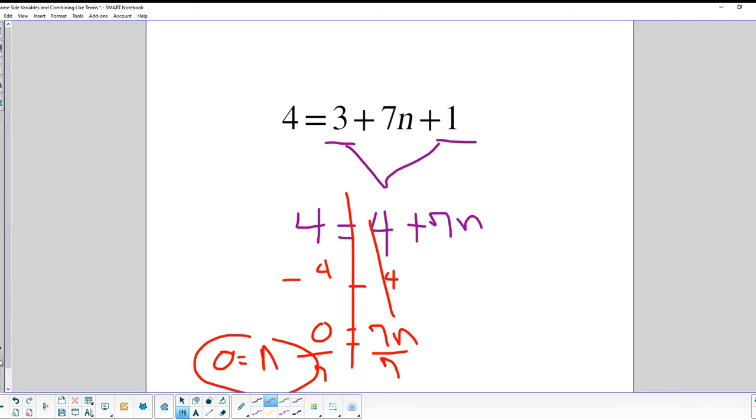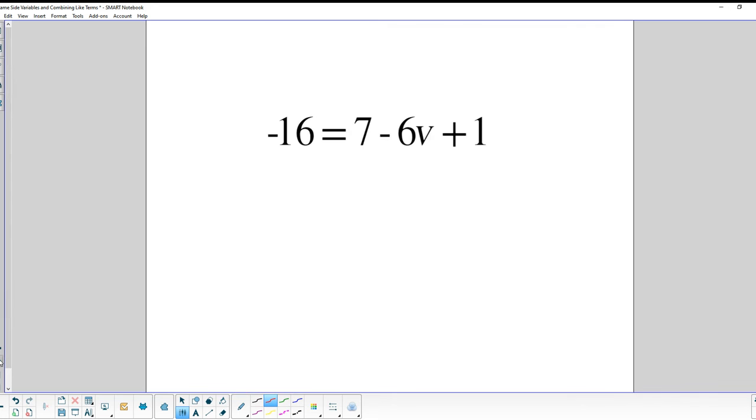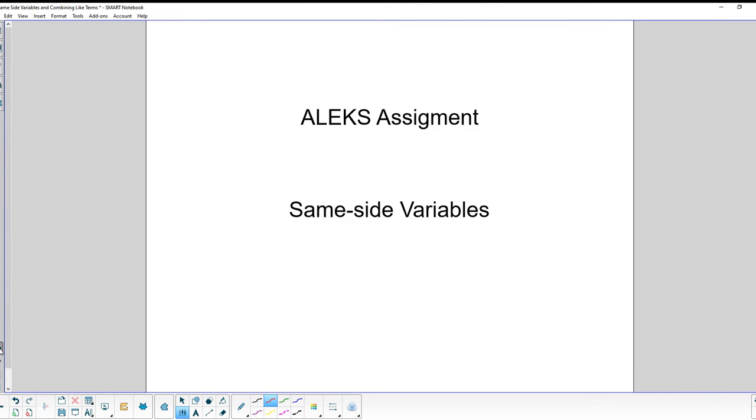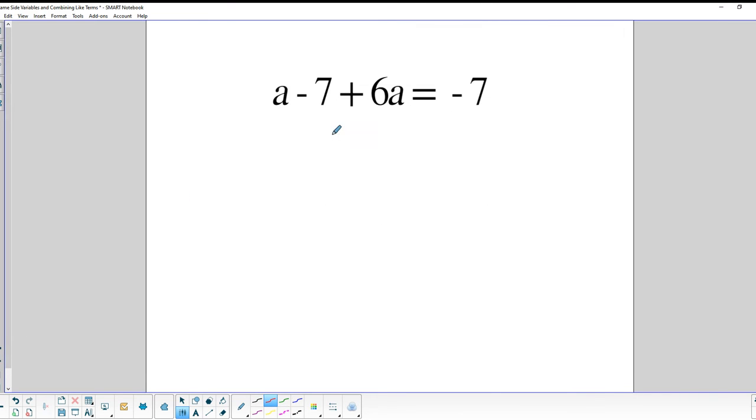Okay, let's keep chugging along here. Let's see how many more we got. We got 2 more examples. We can handle it. Okay, a and 6a we'll combine in this next example. A and 6a add up to 7a. And then we still have our minus 7 there, equals negative 7.